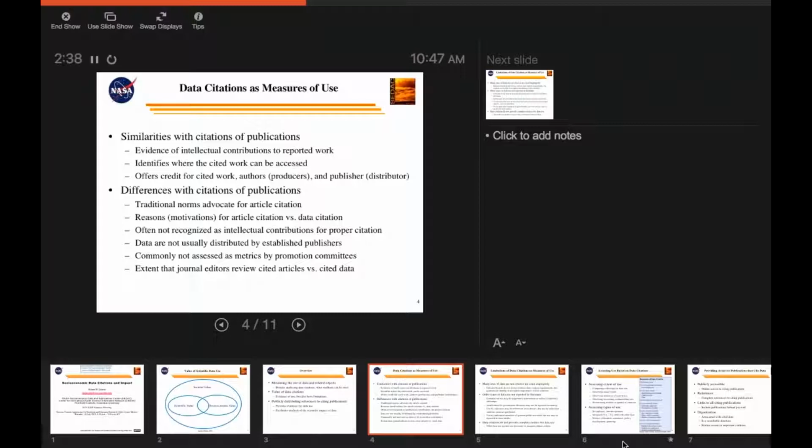Often we look at journal publication boards, and we're trying to find people who have expertise in particular types of studies or disciplines, but are they really experts in the data from a variety of disciplines associated with the journal? I think that's some of the aspects that could be improved as well.